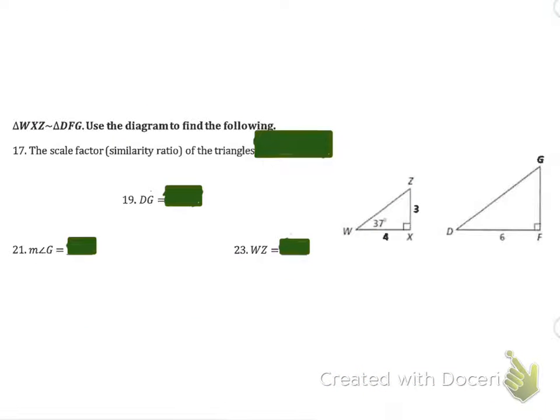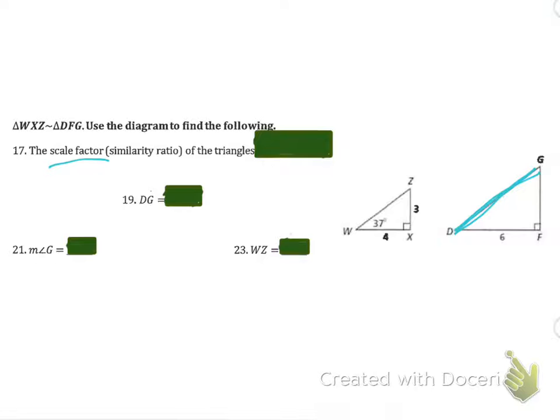All right, last page, the scale factor or similarity ratio of the triangles. So DG, let's just take a quick look here. First, you have to find the scale factor.